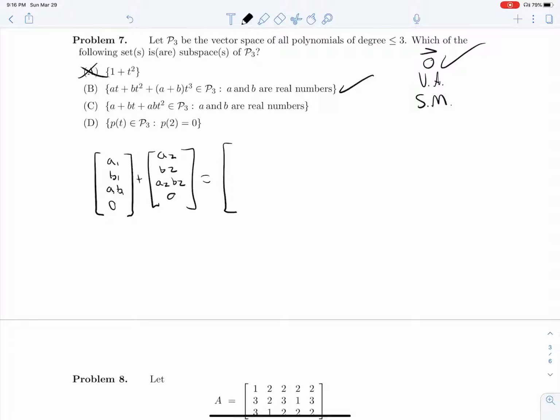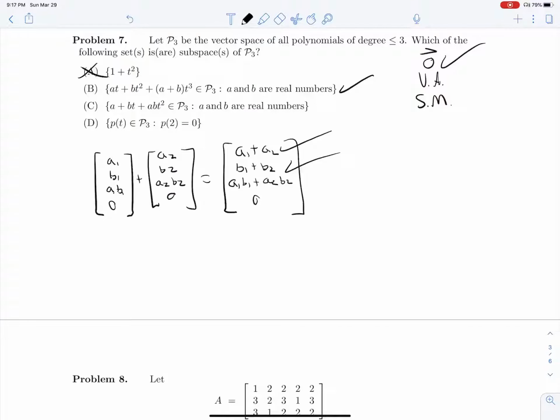And we are going to get a1 plus a2, b1 plus b2, a1 b1 plus a2 b2, 0. And right away, we have a problem here because these first two elements are perfectly fine.